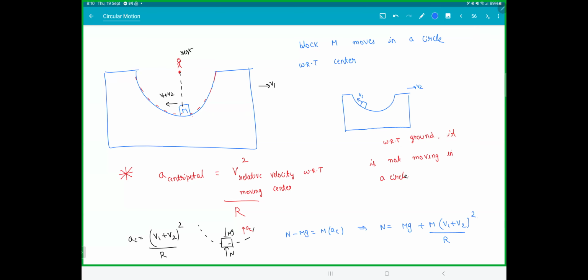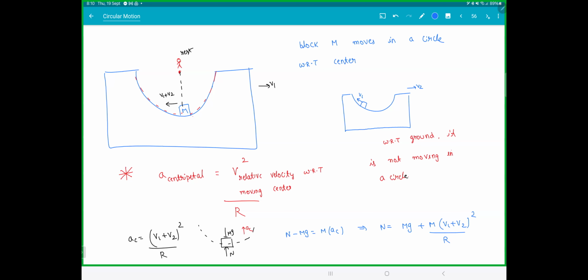Centripetal acceleration is not v square by r with v the body's velocity. It is the velocity with respect to the center. Is this clear, everyone? This is a pretty good one. Most people goof it up. They think v is the velocity of the body. No, v is the velocity with respect to the center, because the center is the only observer who thinks it is going in a circle. Everyone else will think it is going in some weird curve.